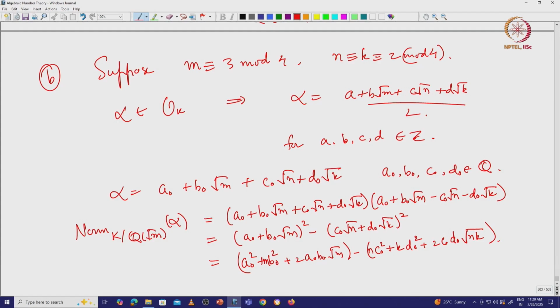And you see that square root of n times k should be some integer times square root of m, right. Okay. So, yeah, what do we get?